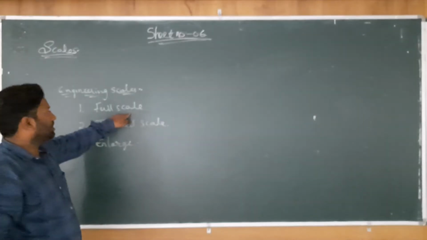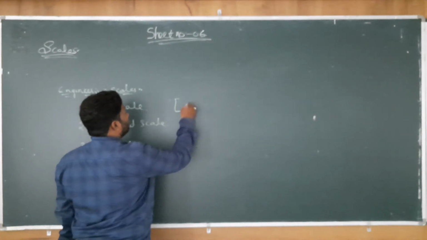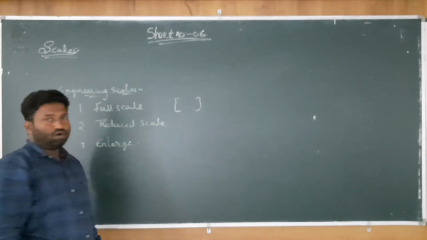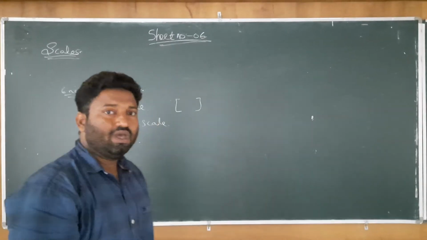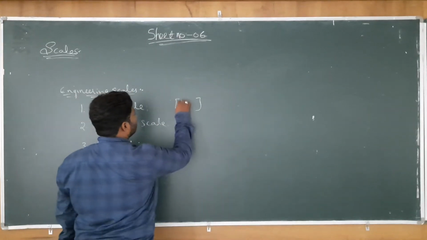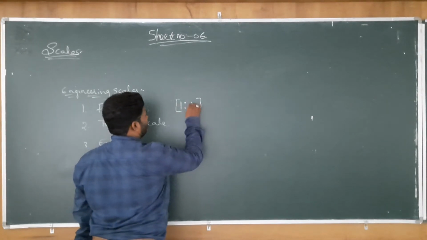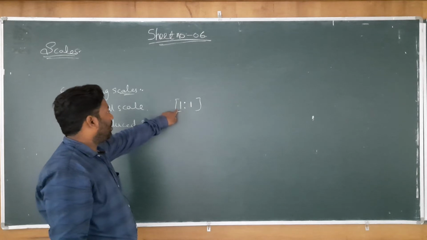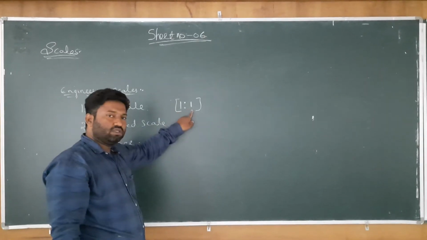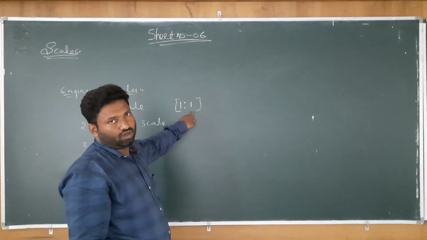So, in the full scale, the dimension of the object is equal to the actual size of the element. That is nothing but, here we use the ratio 1:1. So, here the length of the object is there, and at the same time we are taking the same length in the drawing.